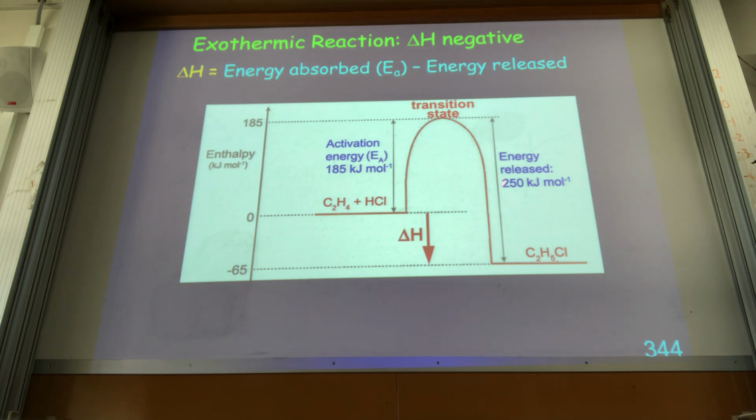So delta H, we can look at it two ways: energy absorbed minus energy released, 185 minus 250. Or we can look at it in terms of final level minus initial level.